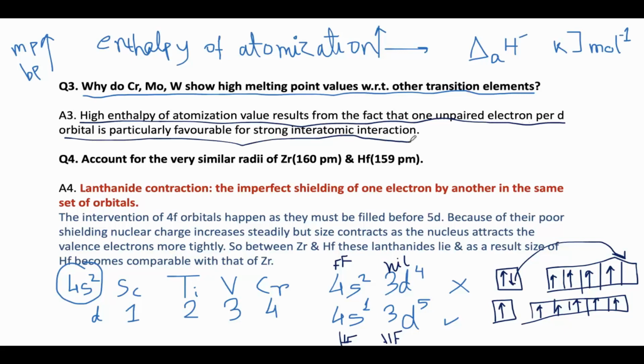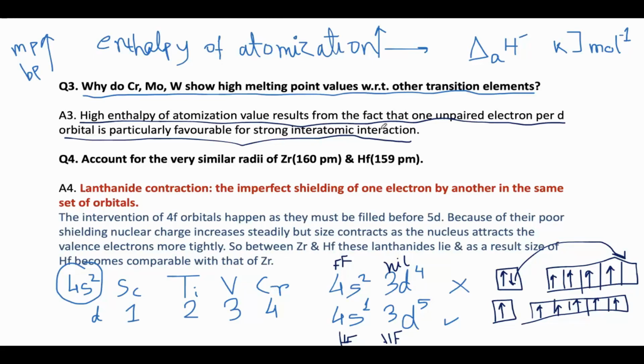So here the trick is nothing but the number of unpaired electrons. If the number of unpaired electrons is more, then there will be more interatomic interaction.